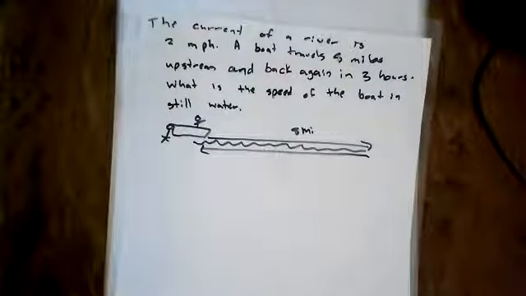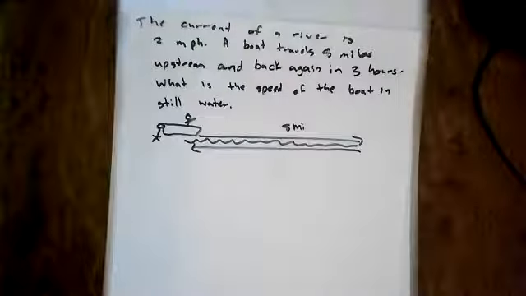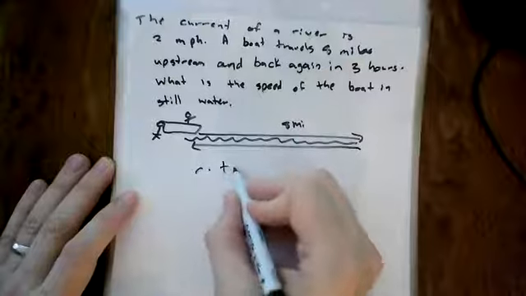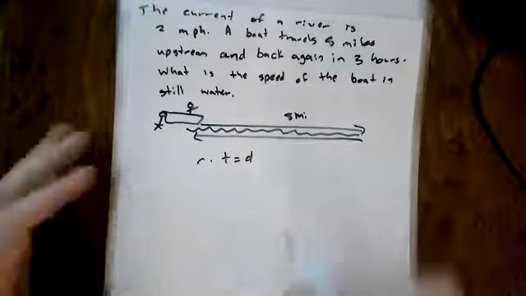So our question is what is the speed of our boat? And once again, rate times time is equal to distance. And we're told what the speed of the current is. The current is 2 miles an hour.